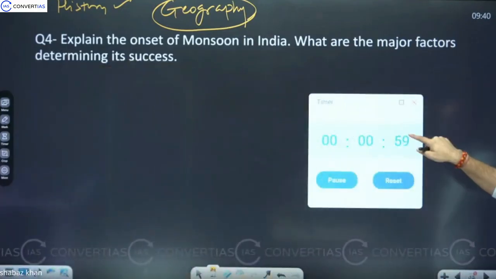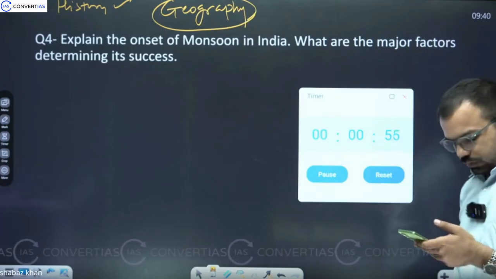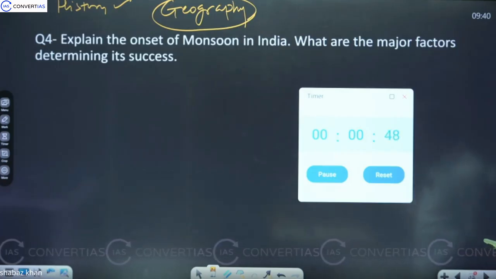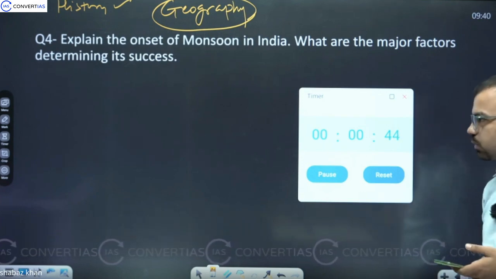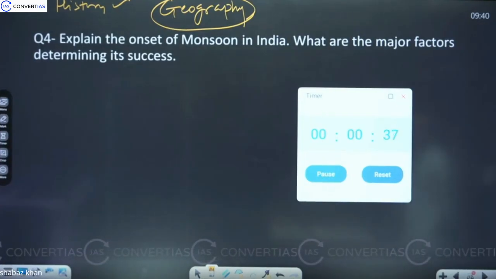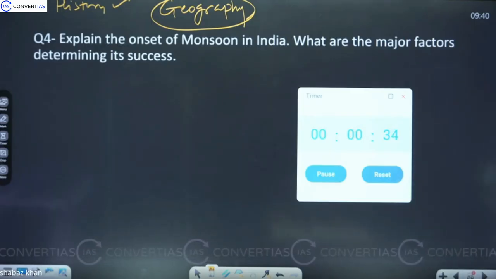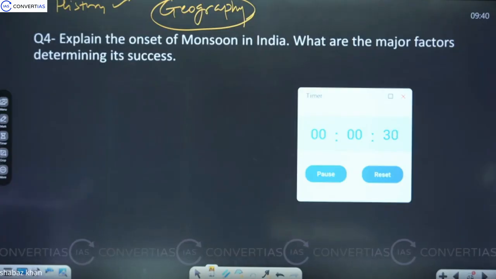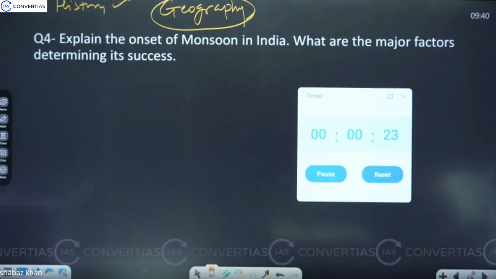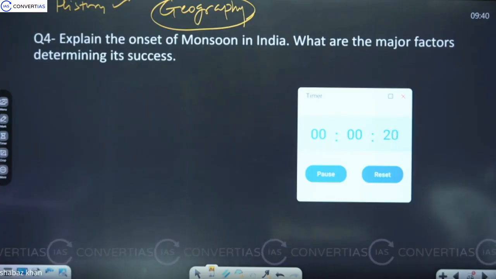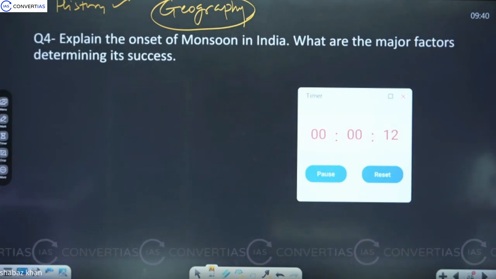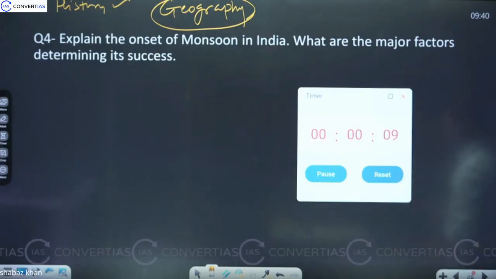Break down the structure. Break it down. Last 10 seconds.